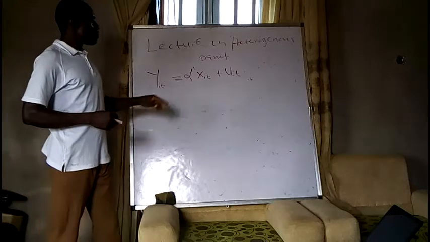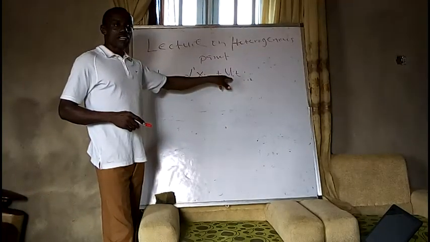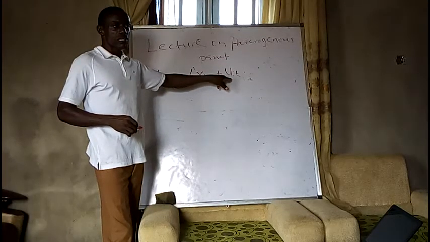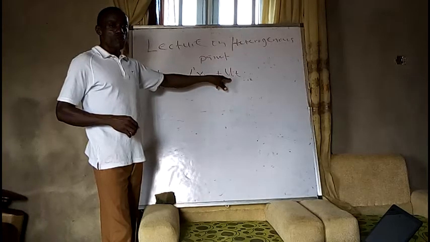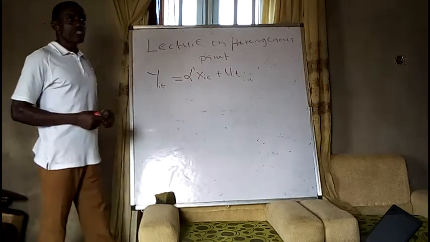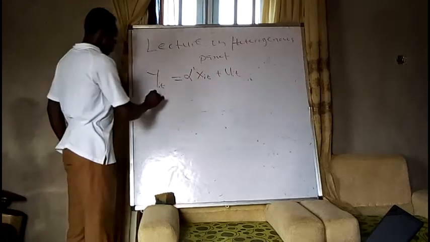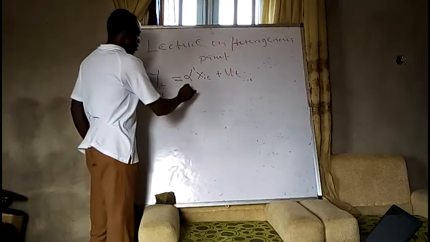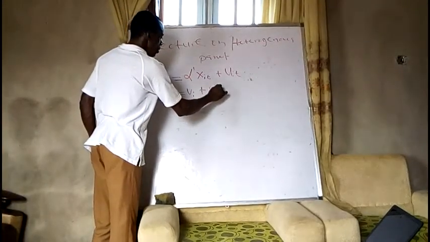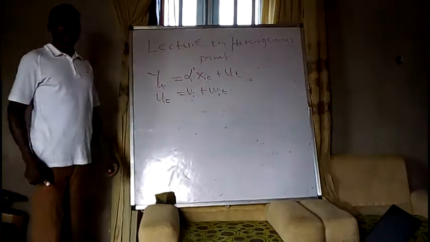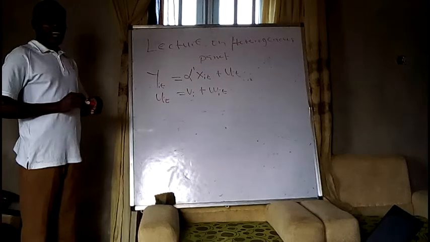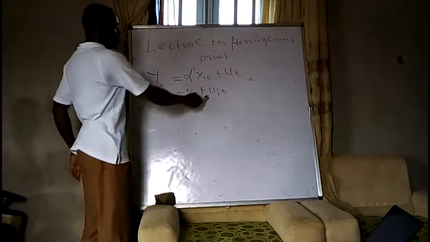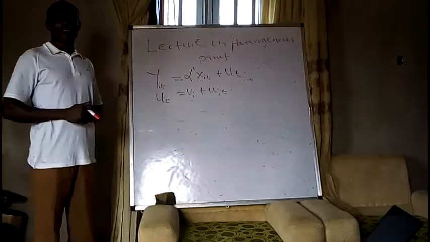Here, the disturbance term is a sum of two components, which can be expressed as U_it is equal to V_i plus W_it. The V_i is called specific error, while W_it is called common error.